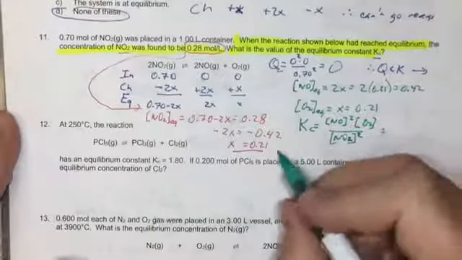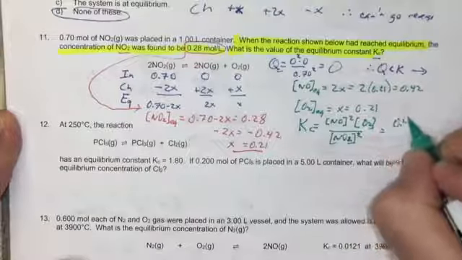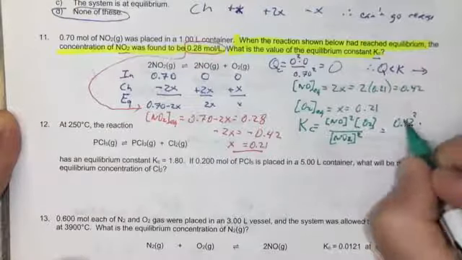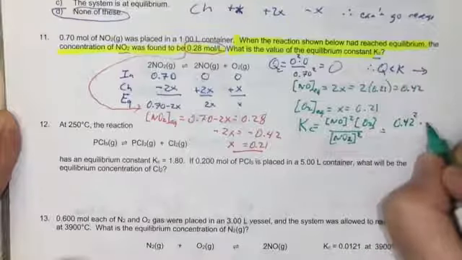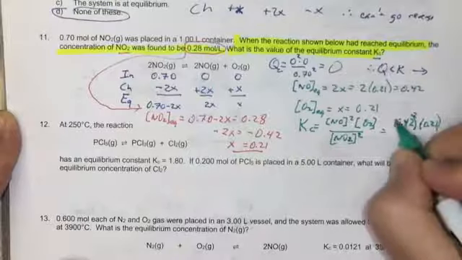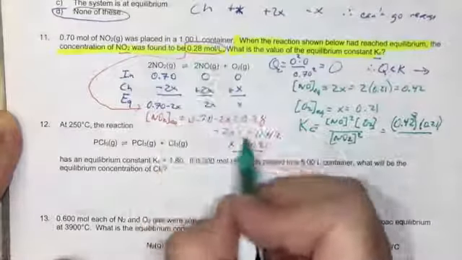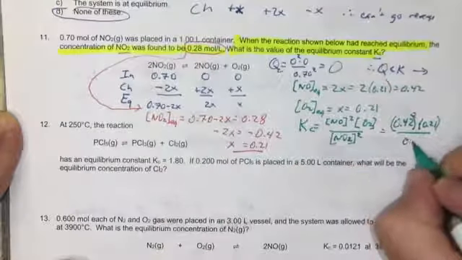So the concentration of NO at equilibrium we saw is 0.42, so 0.42 squared. The concentration of oxygen at equilibrium is 0.21. Let's just put parentheses here. That's in the numerator. The concentration of NO2 at equilibrium was given to us. It's 0.28.